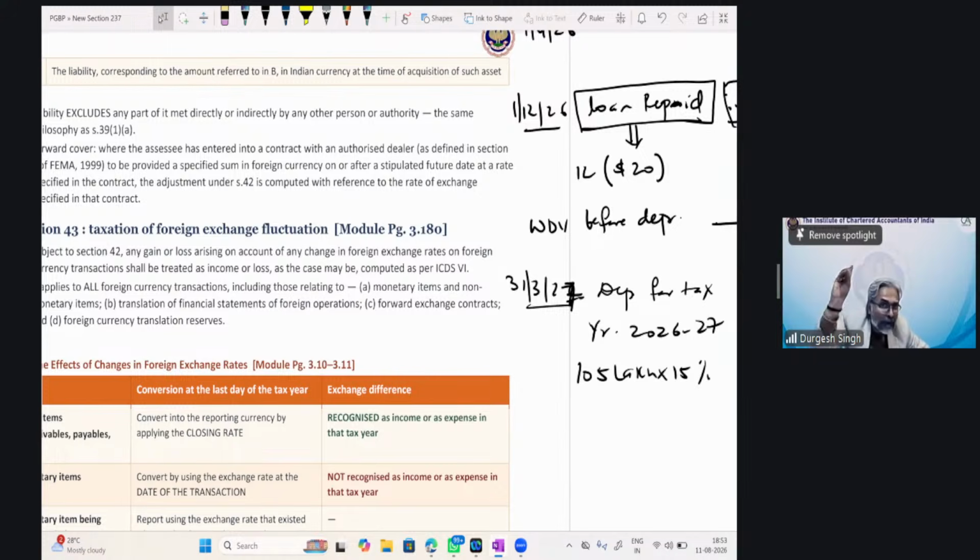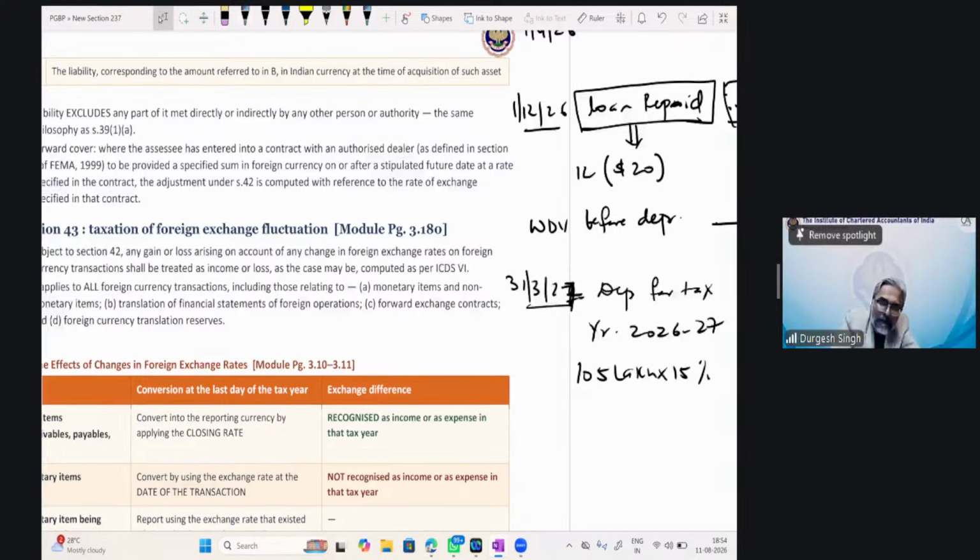That applies so far as the recognition of exchange rate fluctuation that will arise on that liability. If these two conditions are not satisfied, I gave the example, students. Say for example, I purchase a raw material from a foreign country by taking a foreign currency loan.